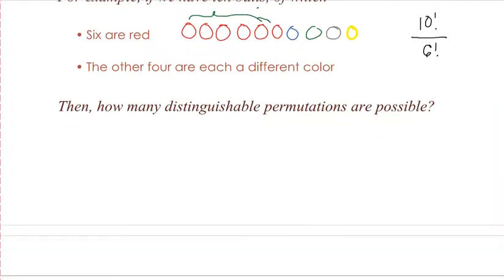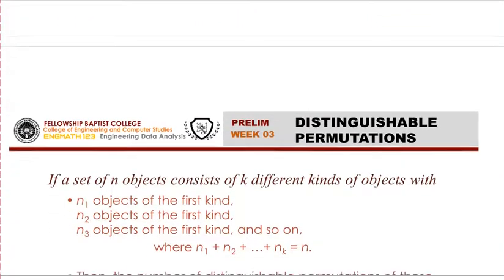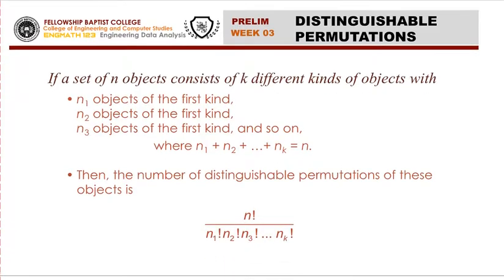Okay, this leads us into a general conclusion, wherein if, for example, a set of n objects consists of k different kinds of objects, with, for example, the first object nga parehas, we have another object, we have another object.